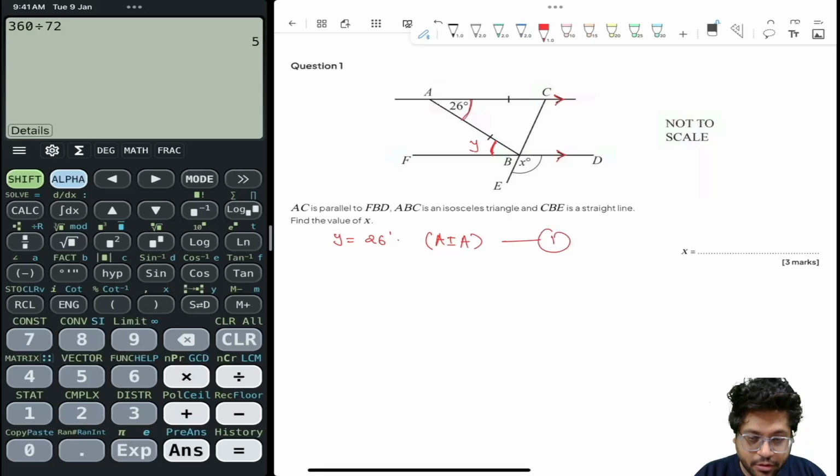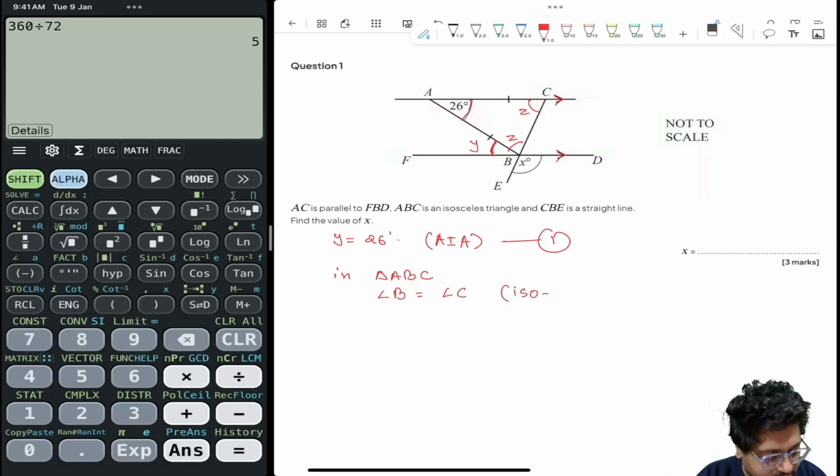Clear? Now next thing is, if this is z, then this is also z. Reason is isosceles triangle. So I am writing, in triangle ABC, angle B is equal to angle C. The reason is isosceles.